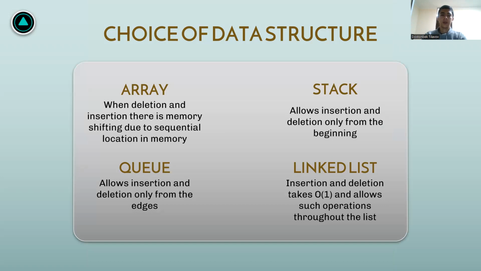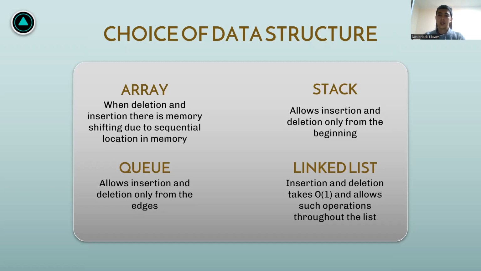Let's say we choose an array. If we choose an array, there would be a problem when deleting or inserting an element, because if we delete from an array, there is a memory shift, so it's not good. And insertion at the beginning or in between nodes requires O(n) time complexity, and there is memory shifting there.